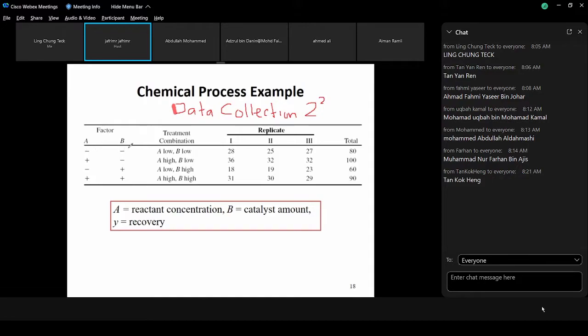Then you have 4 runs, 2 factors A and B. The runs I put here: run 1, 2, 3, 4. Symbol: 1 and 1, that means 1.